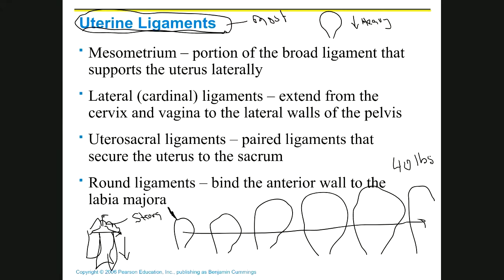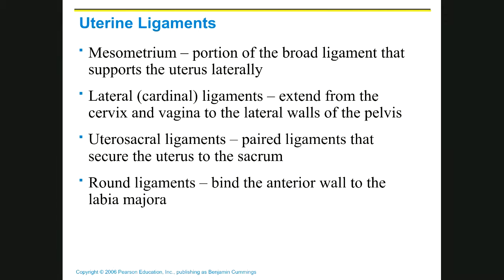We have these very, very strong ligaments. If they're not strong enough, the uterus is going to fall. And so there are several sets of ligaments. We have the lateral ligaments, we have the uterosacral ligaments, we have the round ligaments, and we have the mesometrium.